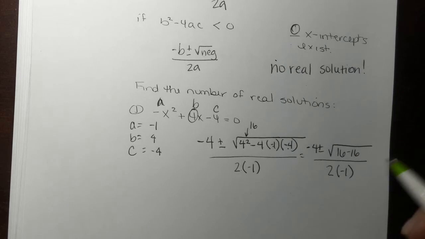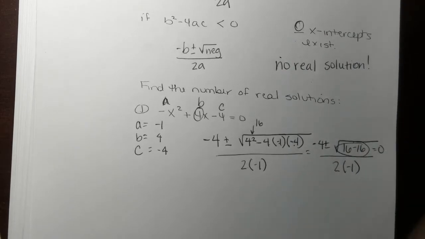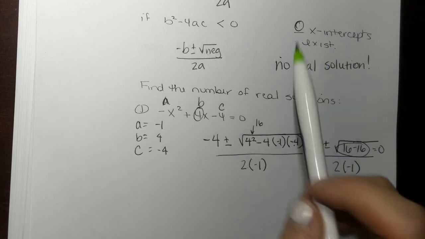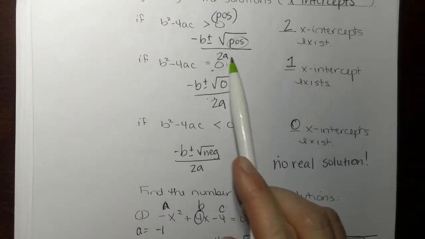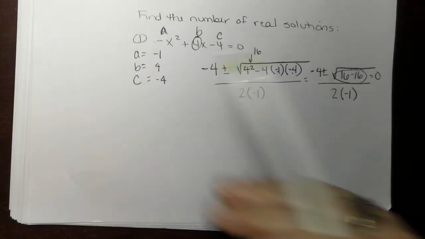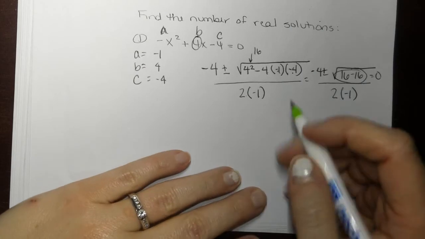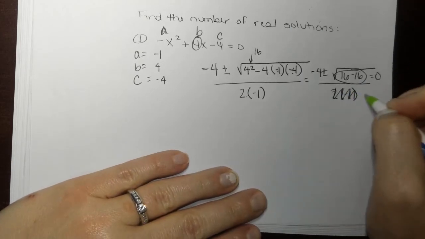Well, what do you see right here? What is this going to equal? That's going to equal 0, a 16 minus 16. So remember, if b squared minus 4ac is 0, then you're only going to have one x-intercept. So let's see how that works out. And this is all going to be all over negative 2.